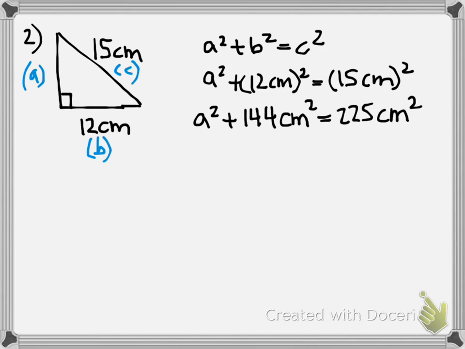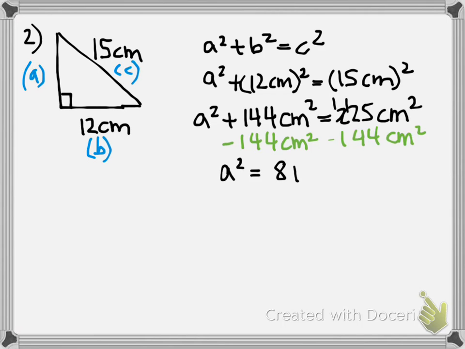Now, I'm trying to get a by itself, so I'm going to have to do a little bit of what we call opposite operations. So the opposite of adding 144 squared centimeters would be subtracting it from both sides. And you're going to be expected to show me all of these steps. And we get a squared equals, and then we do the subtraction. So we get 81 squared centimeters.